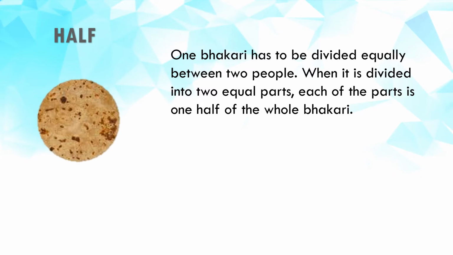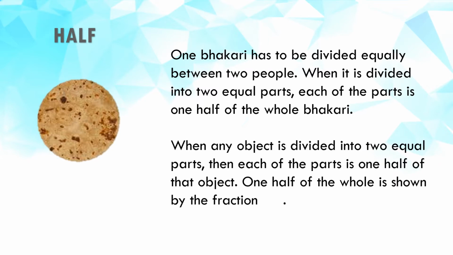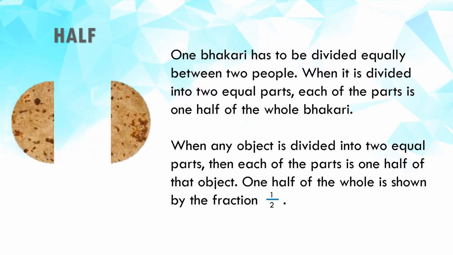When it is divided into two equal parts, each of the parts is 1/2 of the whole bhakri. When any object is divided into two equal parts, then each of the parts is 1/2 of that object.